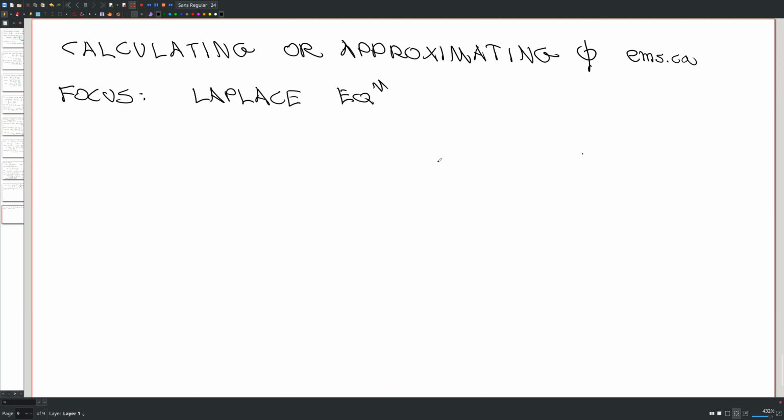Okay, so let's just look at very simple starting points. One dimension. What is the Laplace equation in one dimension? It just tells you that the second derivative of your phi, which is now a function of a single variable x, is zero: the function has no curvature.